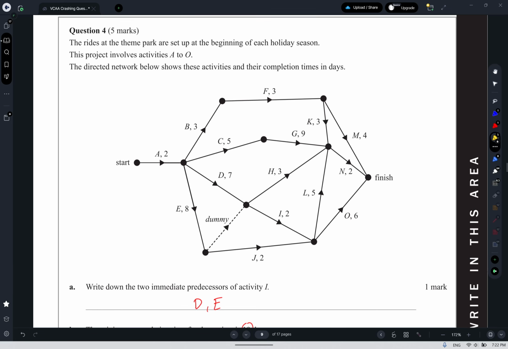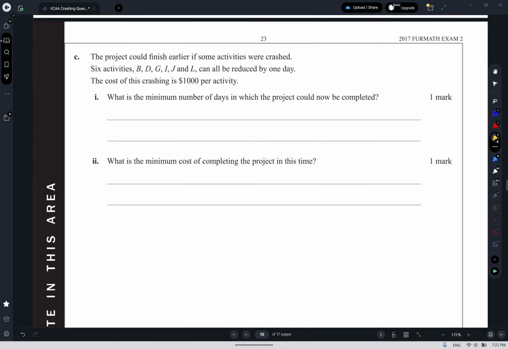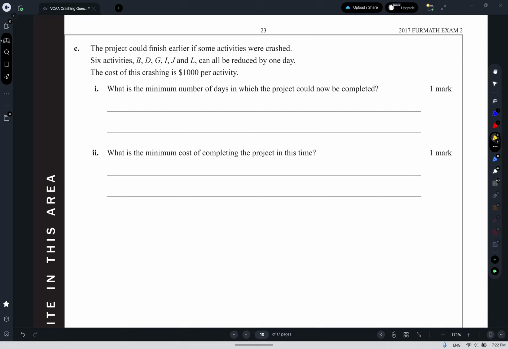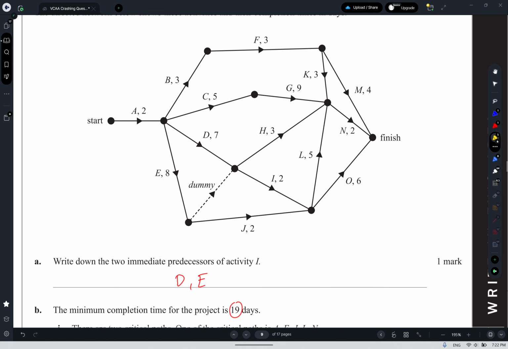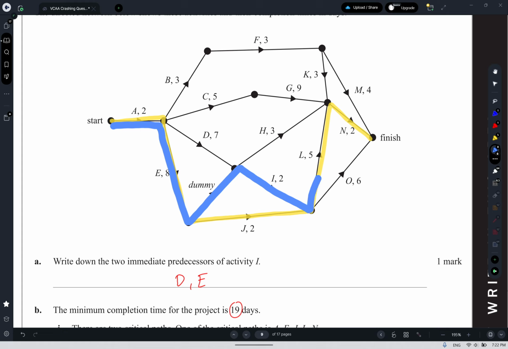I'm going to approach it slightly differently, but if you're feeling safe and you have the time, list every route through the graph and then see what happens as you reduce them individually. So knowing the critical paths, which are A, E, J, L, N, and the other one, A, E, via the dummy, I, L, N, those are both durations of 19.